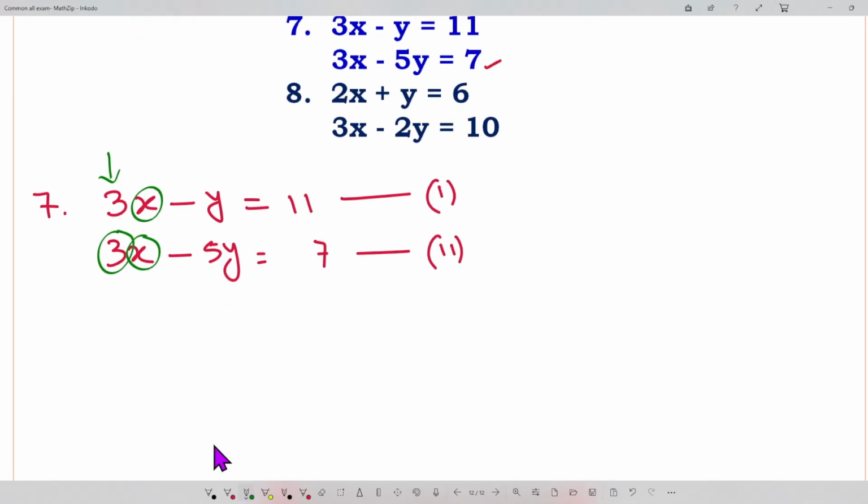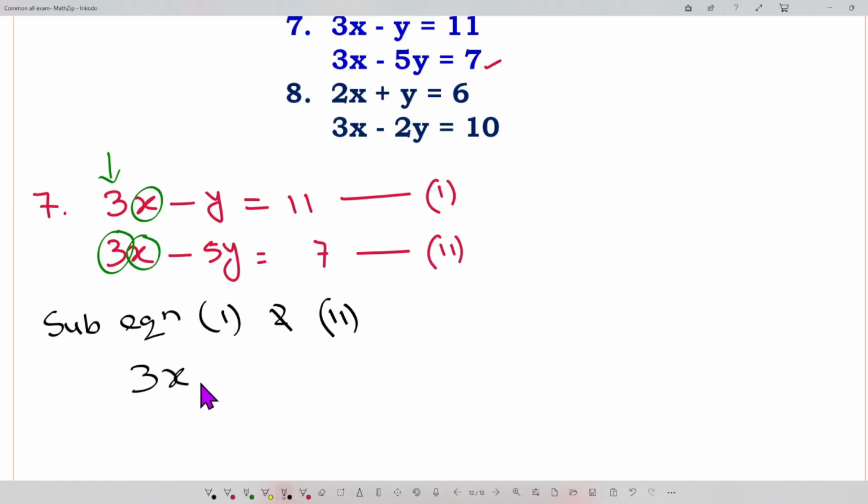So in this case, we subtract equation 2 from equation 1.